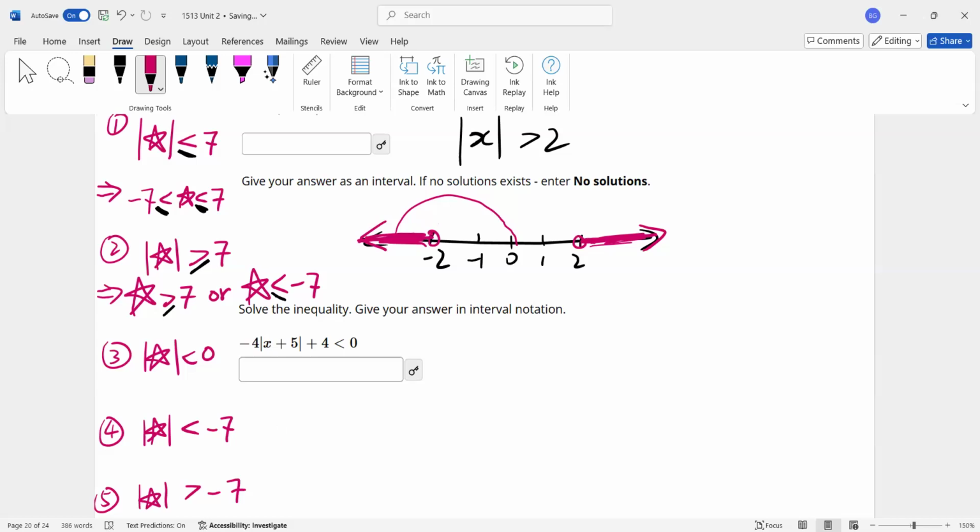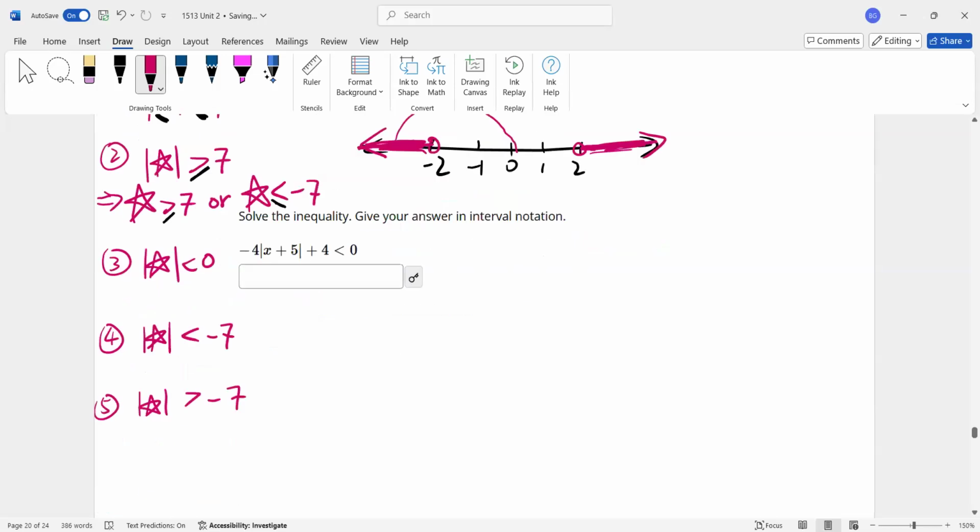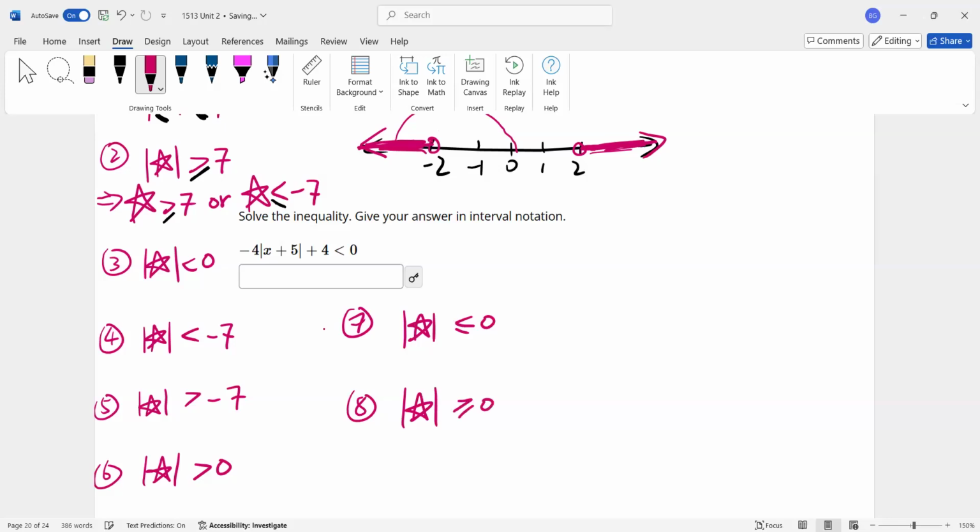What if you have absolute value bigger than 0? Or number 7, what if you have absolute value less than or equal to 0? Or absolute value bigger than or equal to 0? So how do you process those problems?